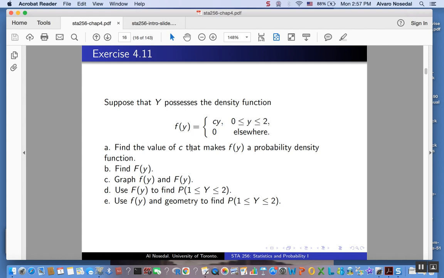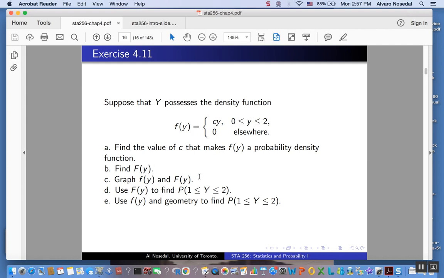Now part A, we want to find the value of that constant c that makes that expression a legit PDF, a legit probability density function. Once we have that, we want to find the CDF, the cumulative distribution function, uppercase F. Part C, we would like to have a graphical representation of these two functions, the PDF and the CDF.